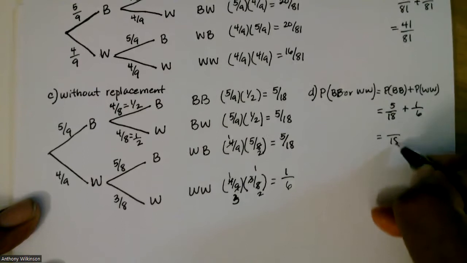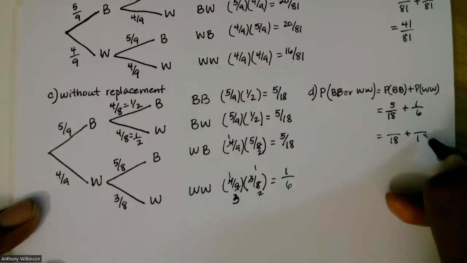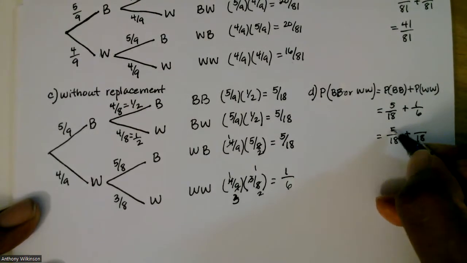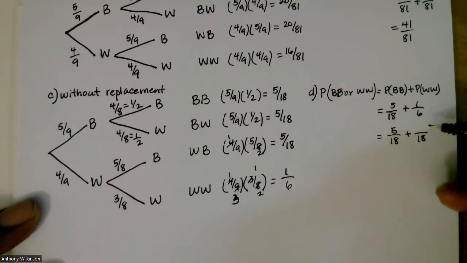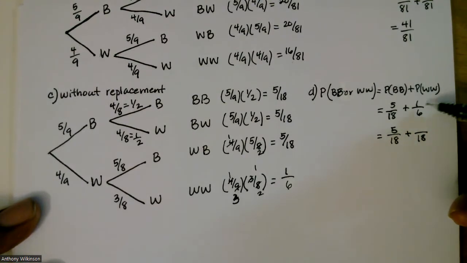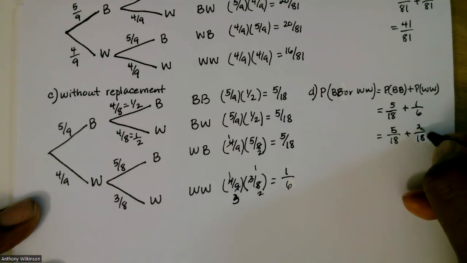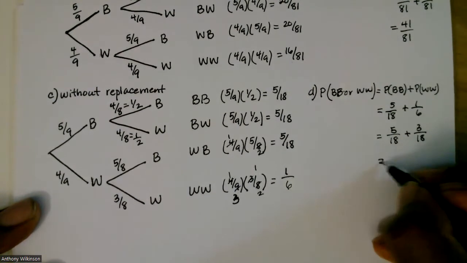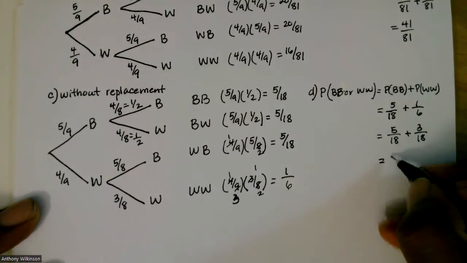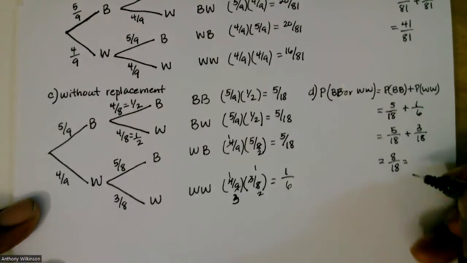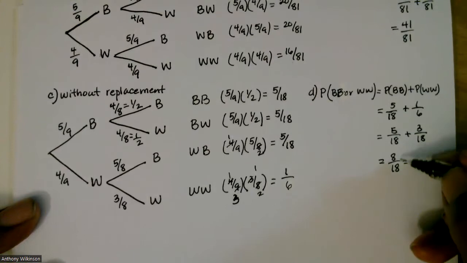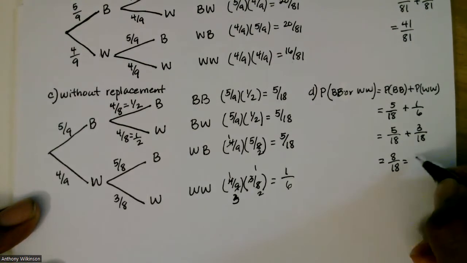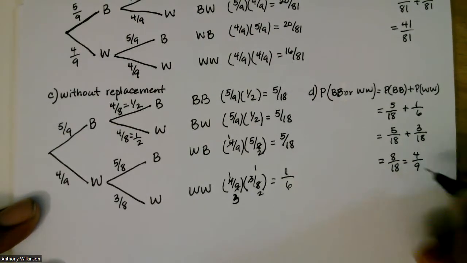All right, the common denominator of 6 and 18 is 18. Bring this 5/18 over. To make that 6 into 18, I have to multiply the 1 times 3 to get 3. 5/18 plus 3/18 will be 8/18. If I reduce that by dividing the numerator and the denominator by 2, it'll be 4/9.